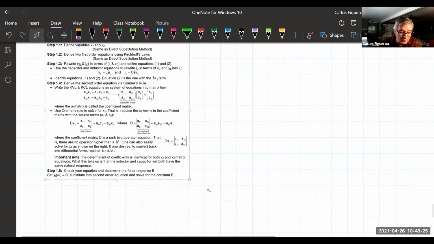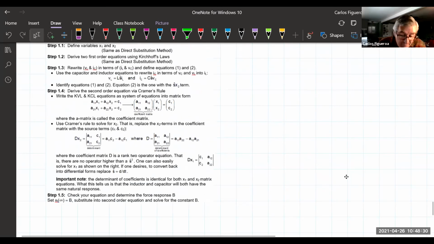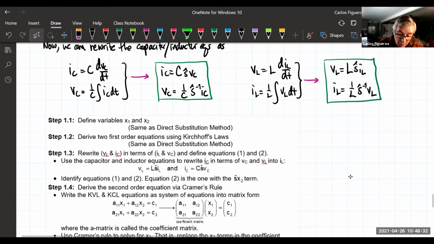There's a lot of the process of method 1. We still define variables x1 and x2 just like before. We still have to use Kirchhoff's laws to get two equations with 4 unknowns. The big difference is what happens in step 3 and 4.